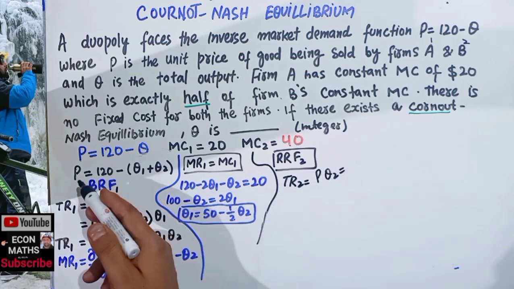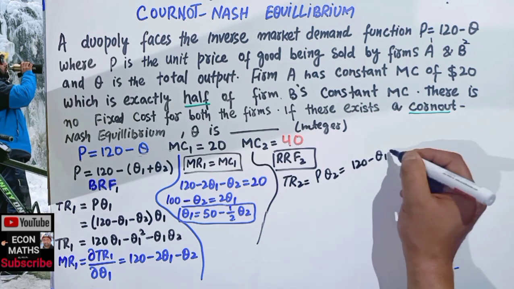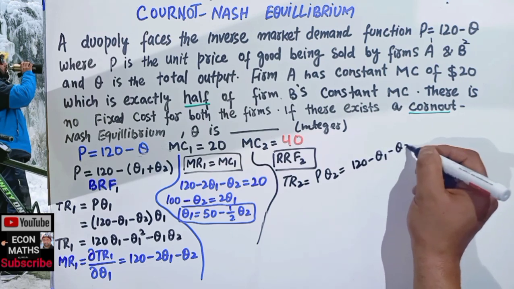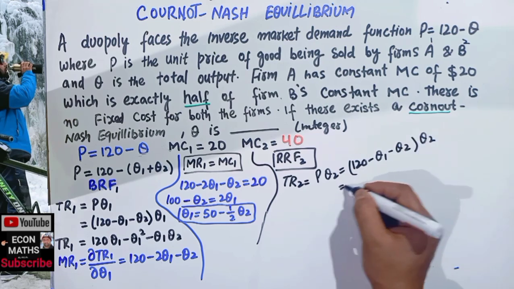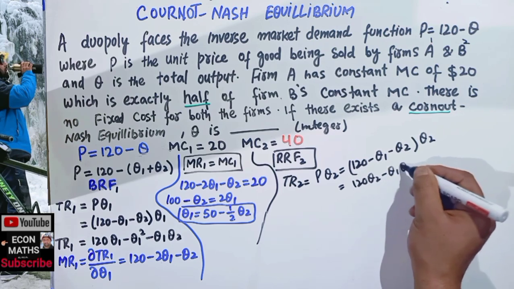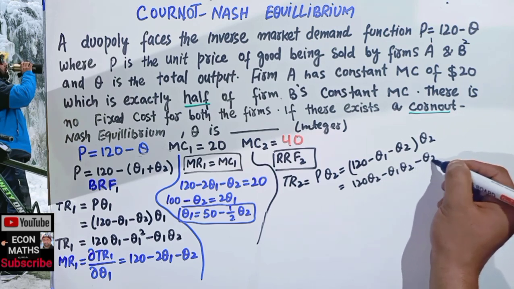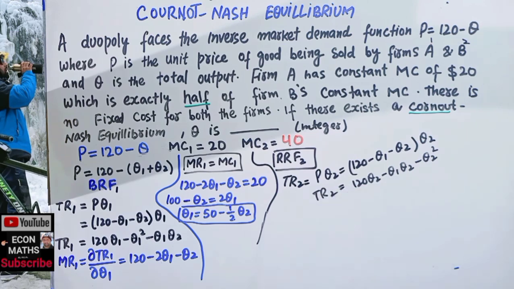So the inverse demand function P is 120 minus Q1 minus Q2. To this we multiply Q2. That gives us 120 Q2 minus Q1 Q2 minus Q2 square. This is our total revenue function of firm 2.